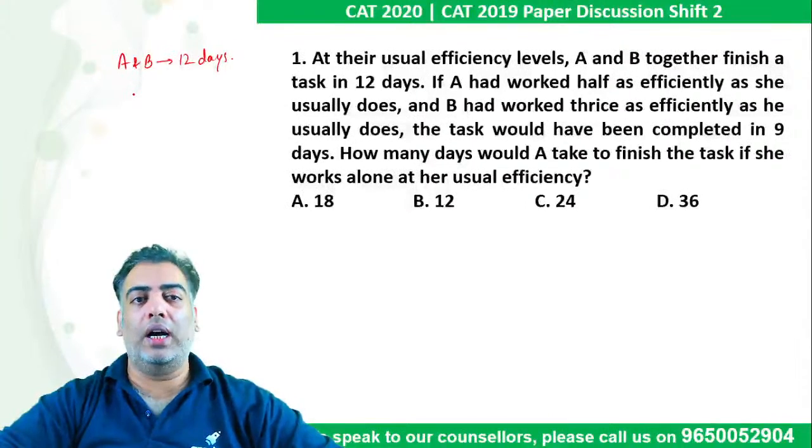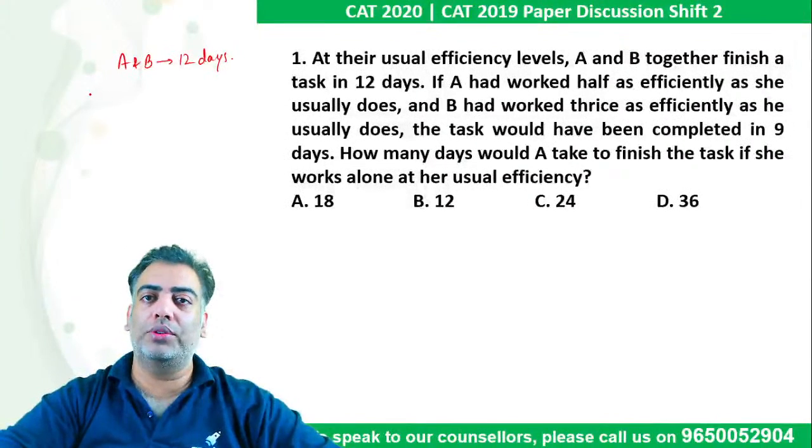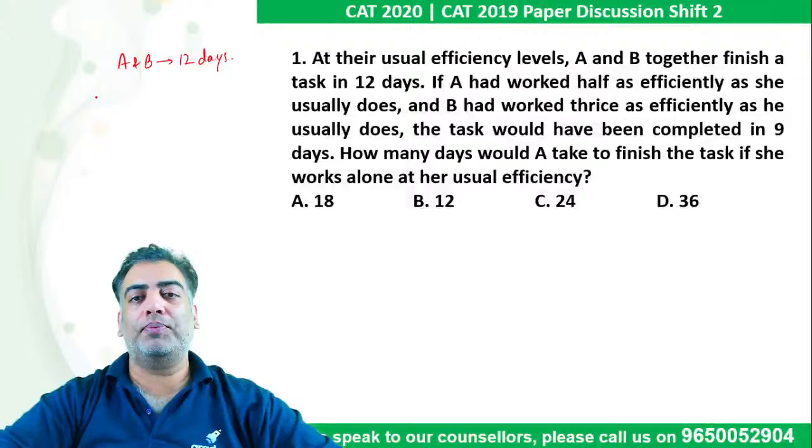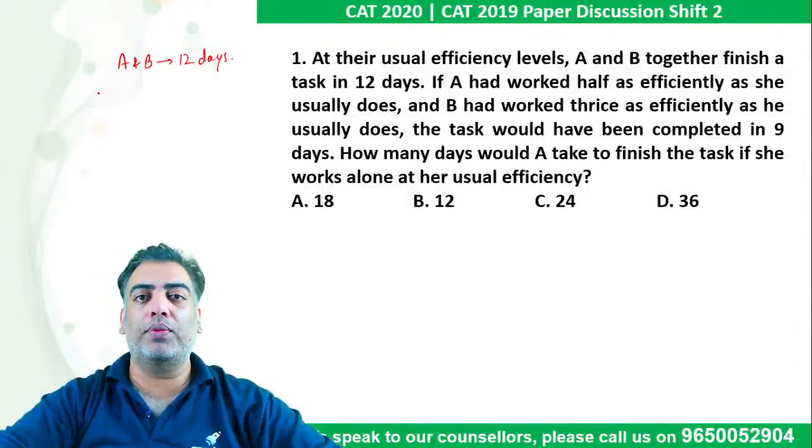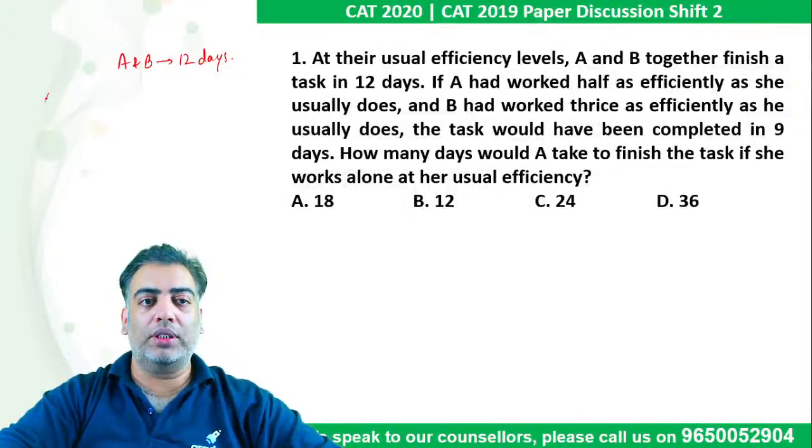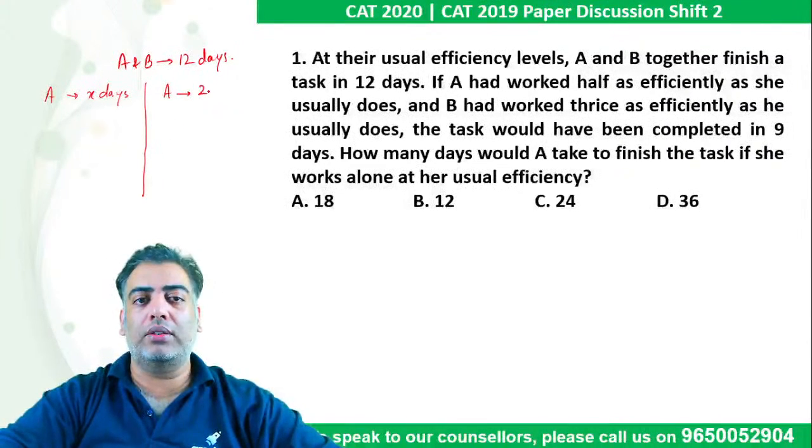If you work half as efficiently as you usually work, please keep in mind that the number of days taken by you will be doubled. So if A was able to complete certain work in x days, if the efficiency gets halved, the time taken will be 2x days.